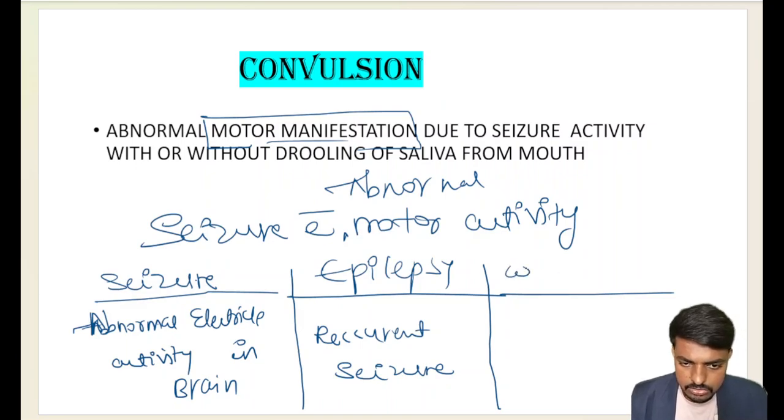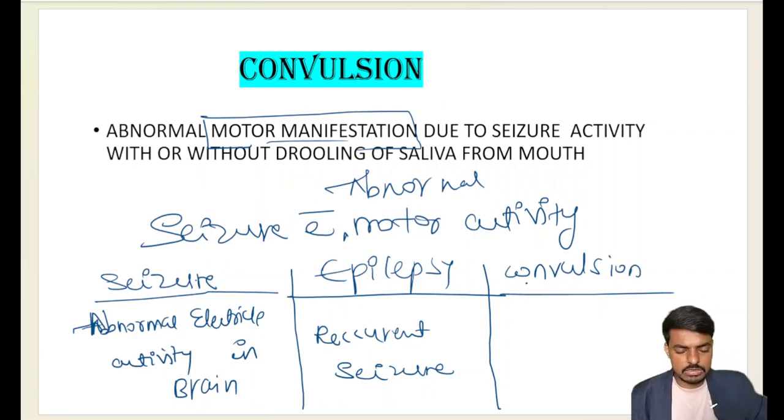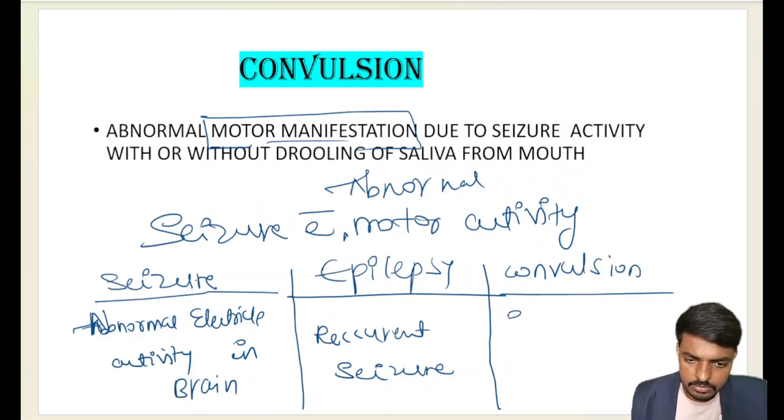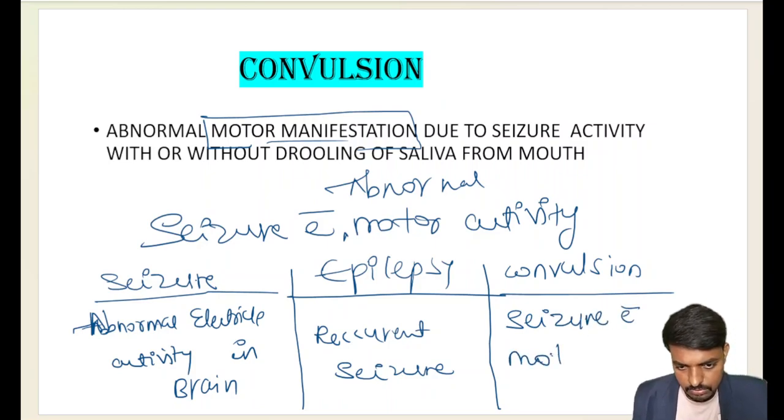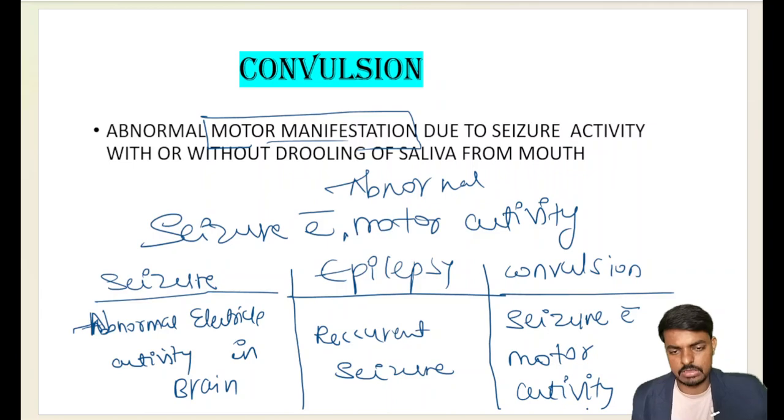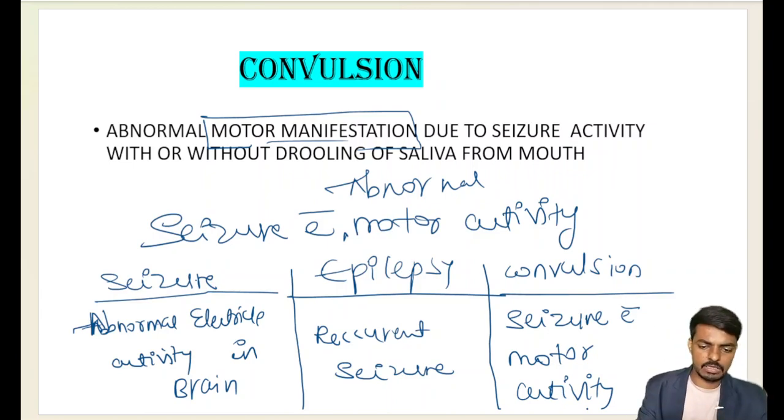And what is convulsion? Convulsion is the seizure with motor manifestation, meaning abnormal motor activities. That is what we call seizure convulsion. So that is the very important difference between seizure, epilepsy, and convulsion.